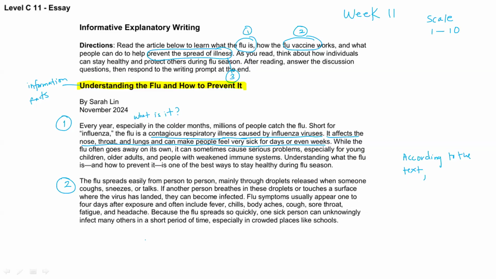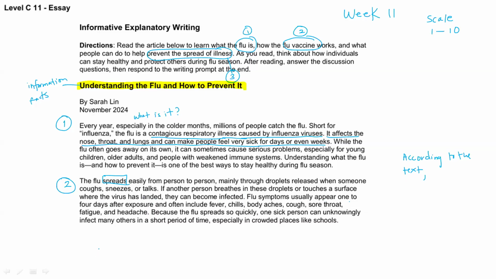So here we're talking about how it's transmitted, right? So if another person breathes in these droplets or touches a surface where the virus has landed, they can become infected.